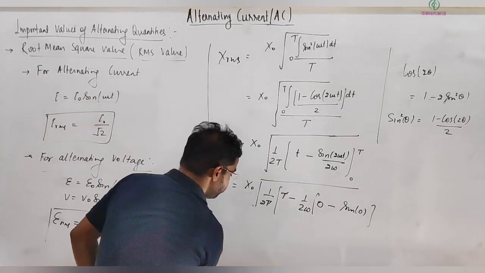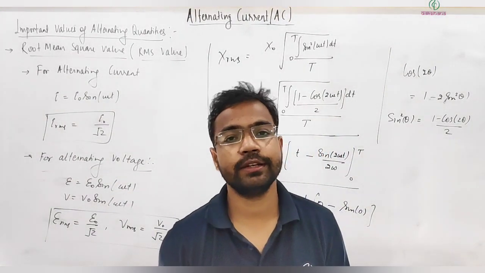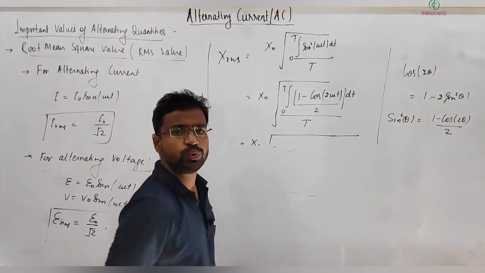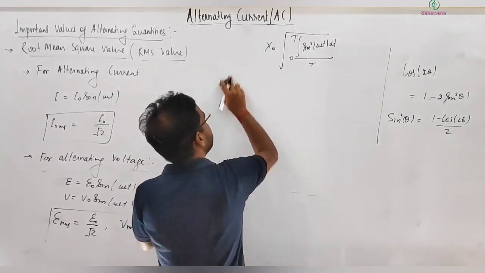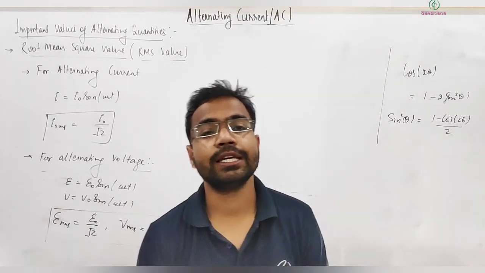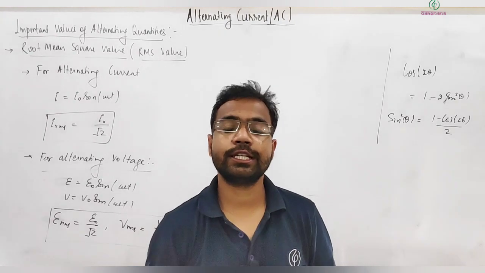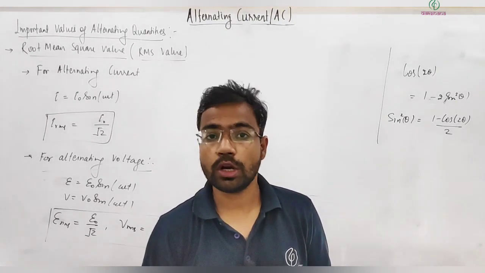Like you know that in our house supplies, wherever we are getting the voltage, it's mentioned as 220 volts. What is that actually? In general, whatever supplies we are getting, and wherever you read some voltage rating, those values are all given in terms of RMS value, not the peak value.